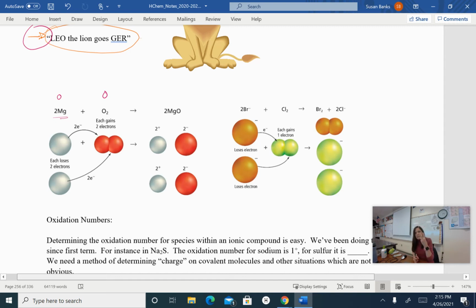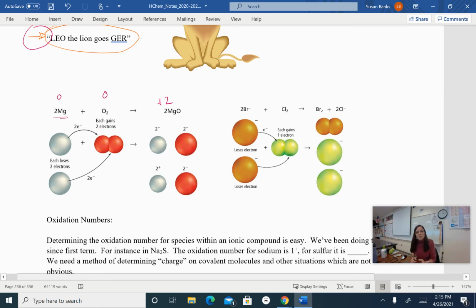Magnesium is in that second column. And because it's in that second column, we have, do you guys remember, a +2 charge. So you might want to bust out that periodic table that we did way back in October, November. Okay.